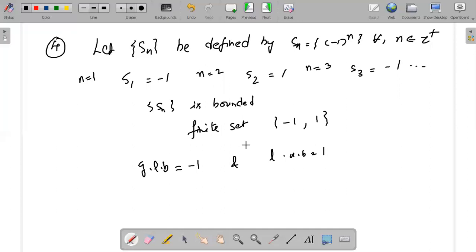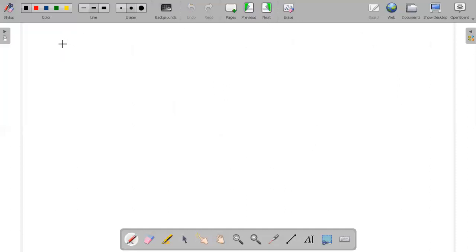Now let us see what is the limit of a sequence.